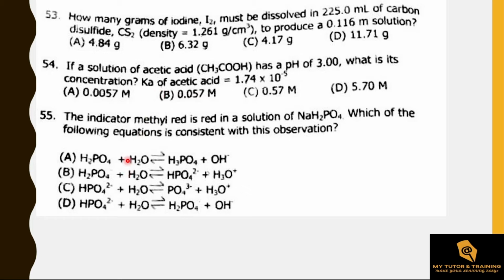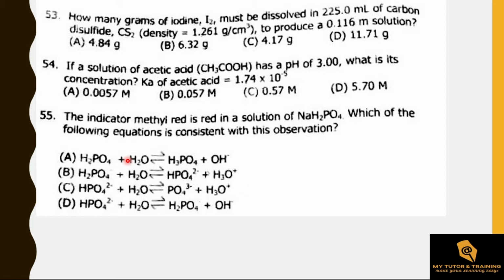Okay, question number 55. The indicator methyl red is red in a solution of sodium dihydrogen phosphate. Which of the following equations is consistent with the observation? What will be the color of methyl red in acidic solution?